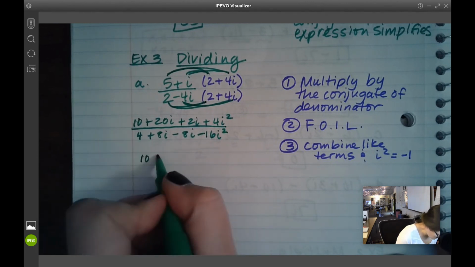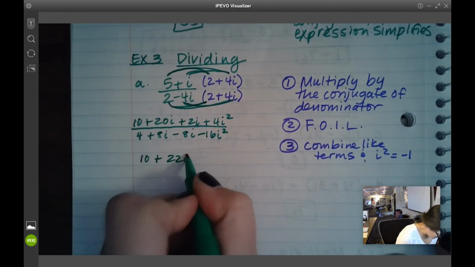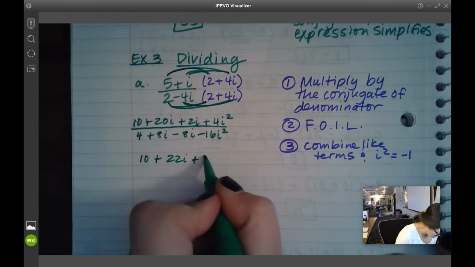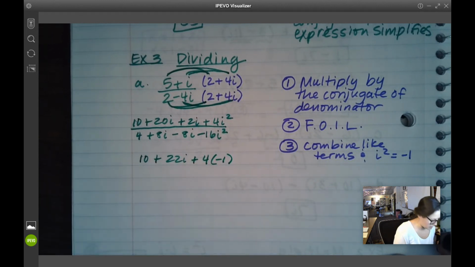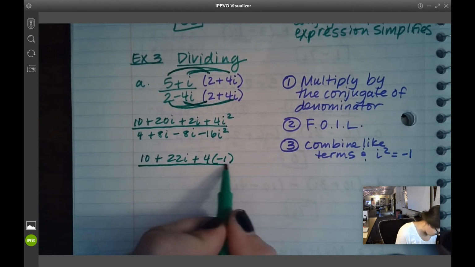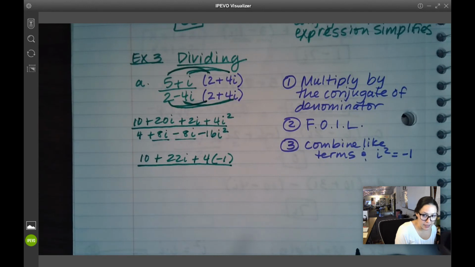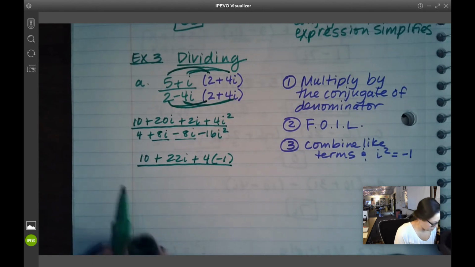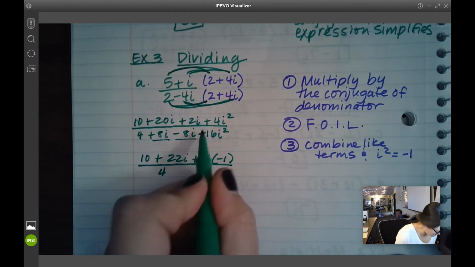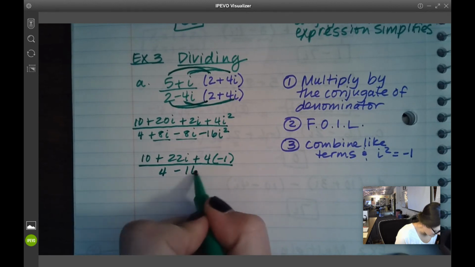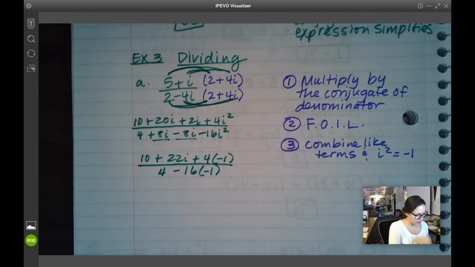So I still have 10, 22i. And then here, I have 4 times negative 1 instead of 4i squared. On the bottom, 8i minus 8i cancels out. So I only have 4 minus 16 times negative 1.